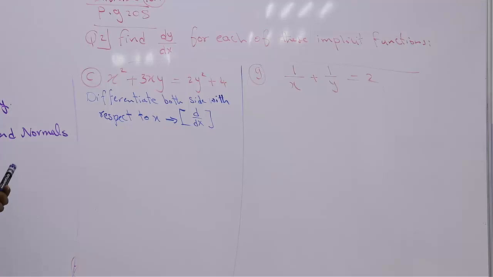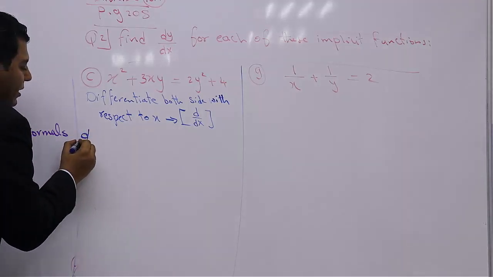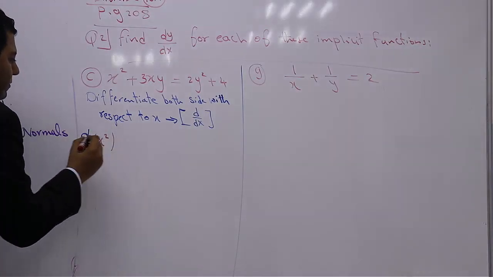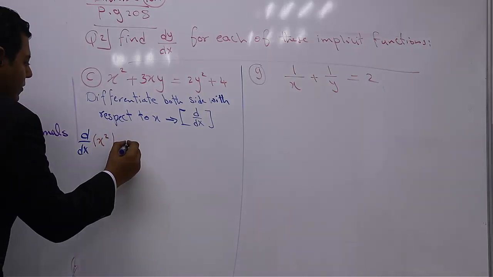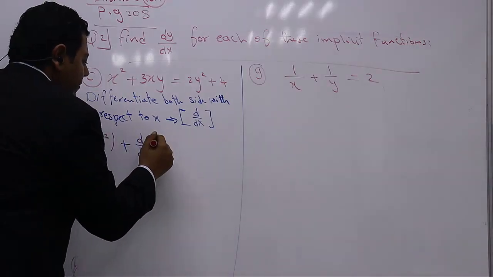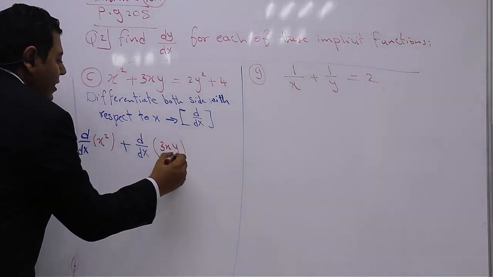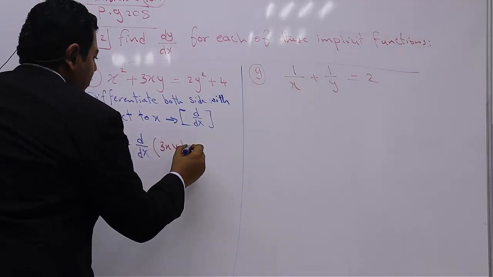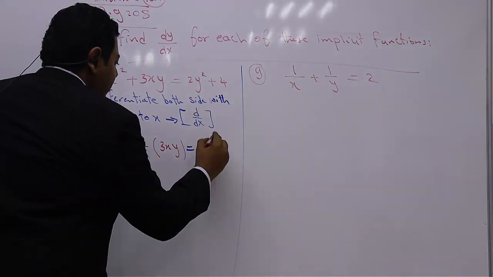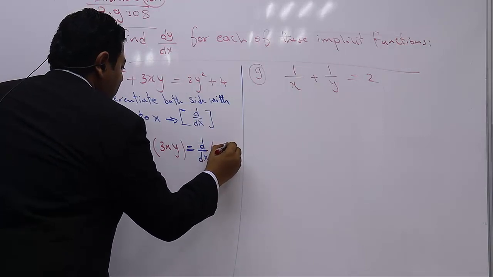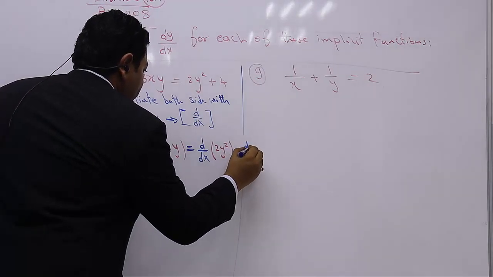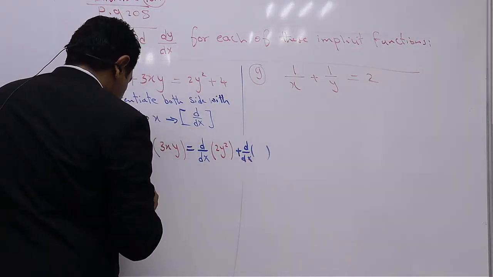So we make d with respect to dx for the first term, which is x squared, plus d with respect to dx for the second term, which is 3xy, equal d with respect to dx for 2y squared, plus d with respect to dx for 4.